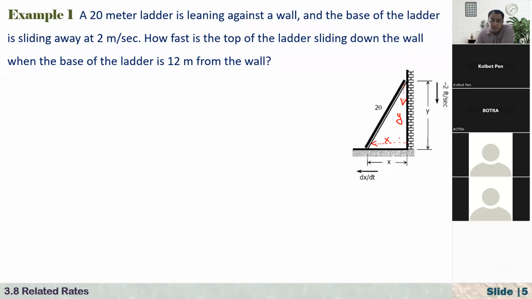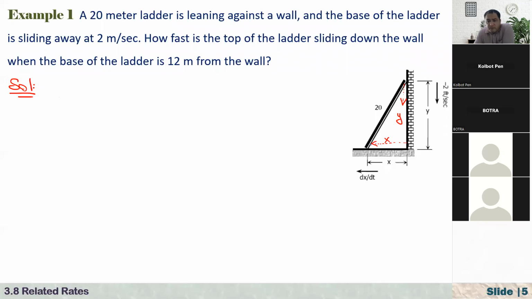They are changing, right? So first, we have to introduce suitable variables to represent these unknowns. And after that, I have to ask myself, what am I going to find here? And after that, we try to set up an equation. So to do this, you'll see that the ladder in this position forms a right angle triangle.